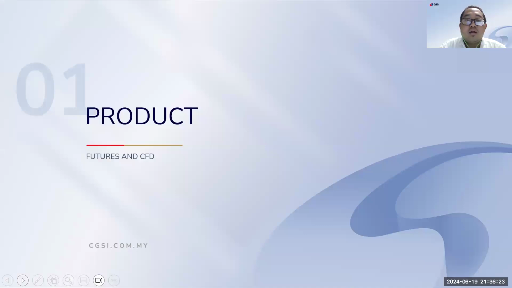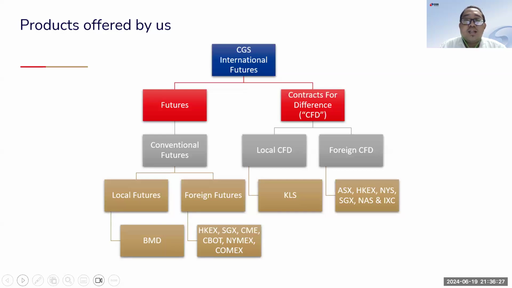So let me talk about the products first. In CGS International Futures, we offer futures and also CFD to the client. For futures, we have local and also foreign futures.